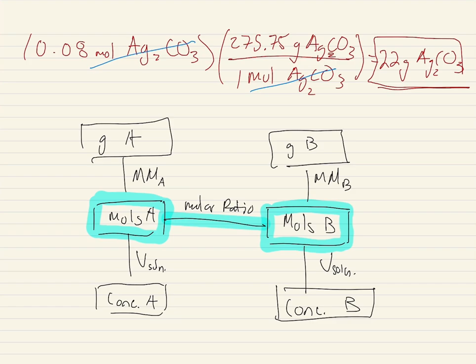That's the common factor in all of these types of conversions. How you get to the moles will change, but you're always going to moles, right? And that's pretty much, I'd say, the main takeaway from this course: you need to go to moles to get to something else, to moles of something else.